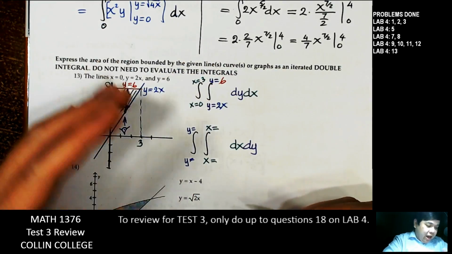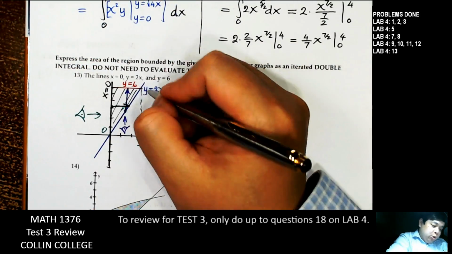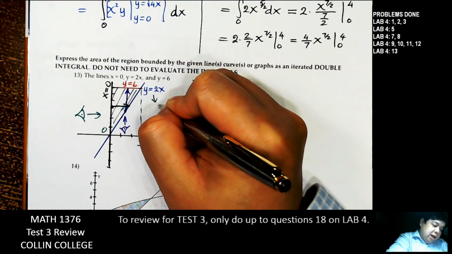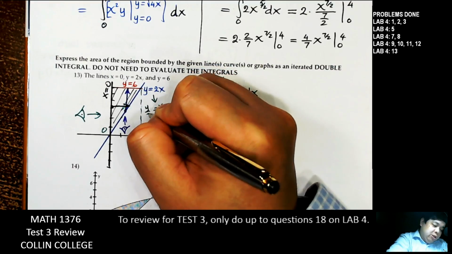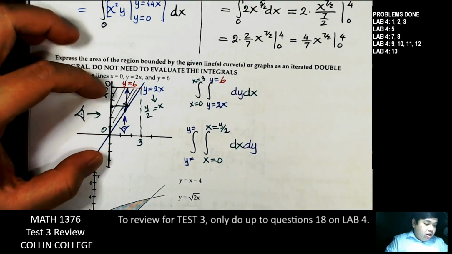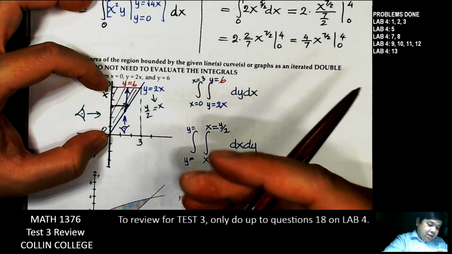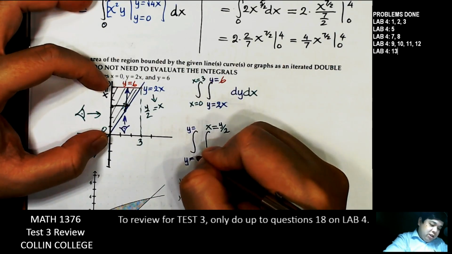So we go with x equal to 0 first, and then that line. Since y equal to 2x, we can also say x equal to y over 2. And then two constant values for y, 0 and 6. The outside always constant.